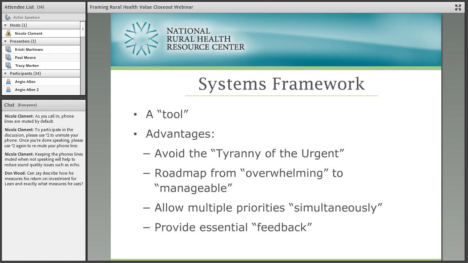And so with that as background, I just want to share a few quick thoughts around what a systems framework can do for a hospital or for a flex program for that matter. I want to start by saying this: it doesn't really matter which framework, it's just a tool. And tools don't improve things, people improve things, but these frameworks are valuable tools.